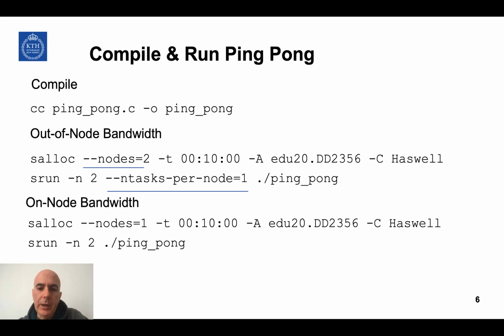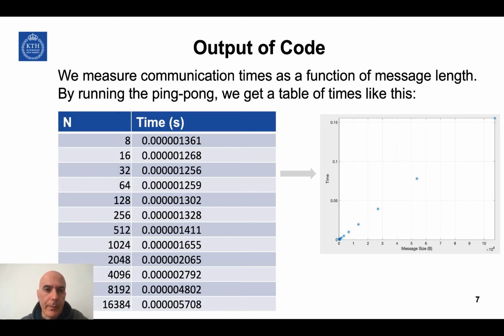If you want to calculate the in-node bandwidth, so we don't use interconnection, we ask for only one node with salloc, and then we just ask for 2 processes within the node, and this will calculate the on-node bandwidth.